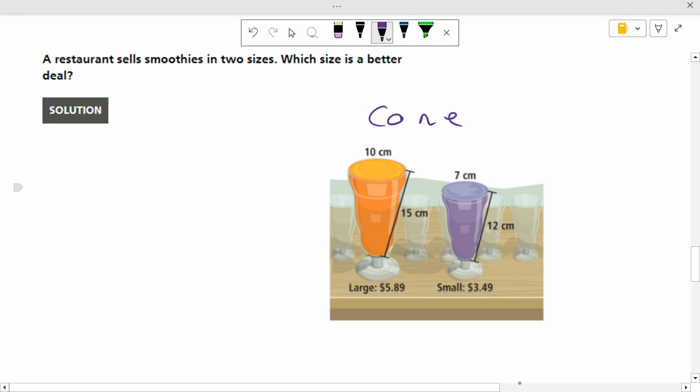So the orange one is 1/3 the area of the base times the height. Okay. It is 10 centimeters across. So it's 1/3 pi 5 squared times, they give us the slant height.